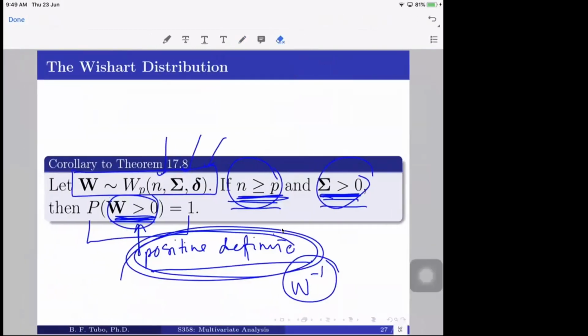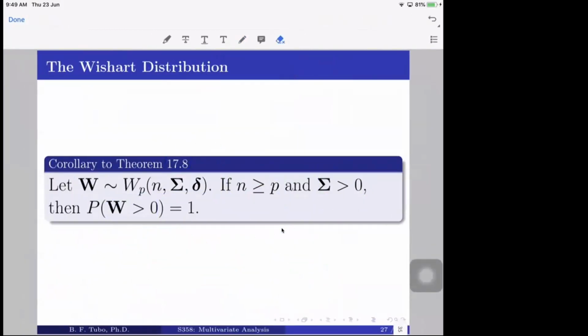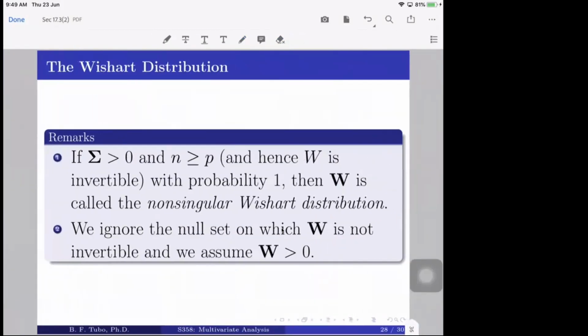So if these two conditions are satisfied, then we are assured of an inverse of W. If sigma is positive definite and n is greater than or equal to p, then W is invertible, meaning W inverse exists with probability 1.